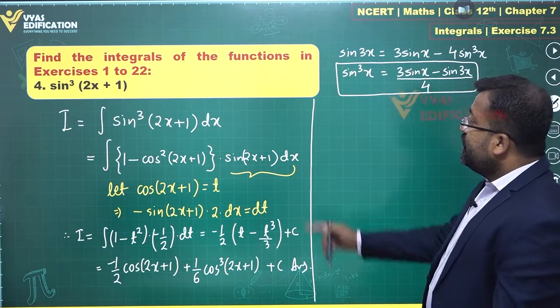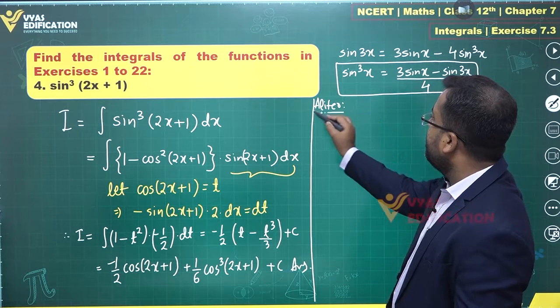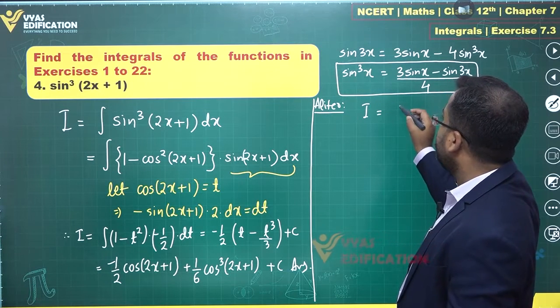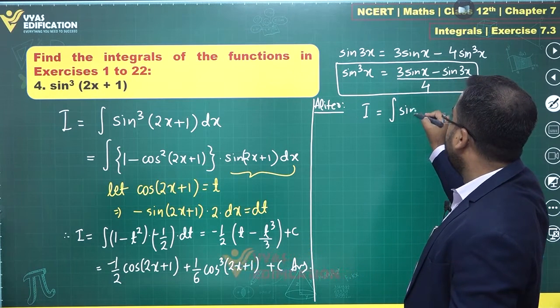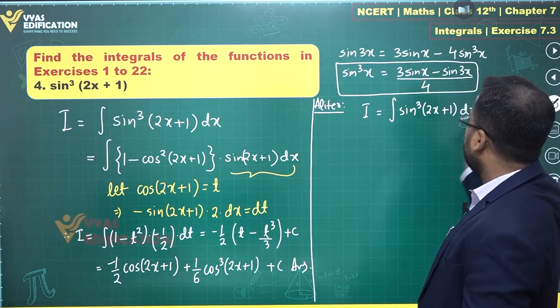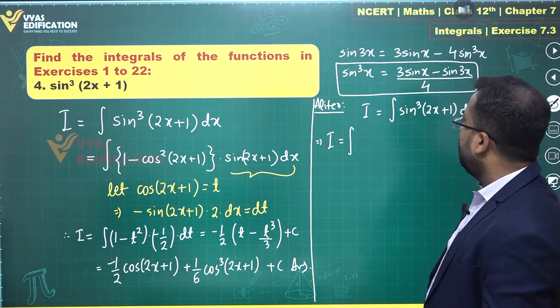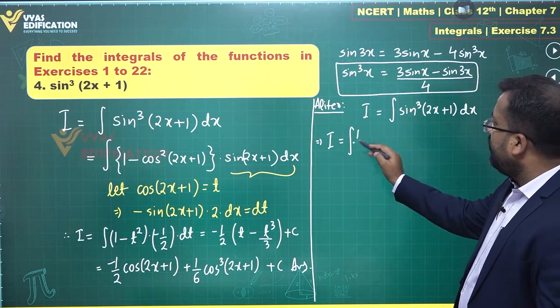Yes. So an alternative approach to solving this integral could be: I equals the integral of sine cube of 2x plus 1 dx. This tells me that I will further convert to the integral of, there will be a 1 by 4 outside.